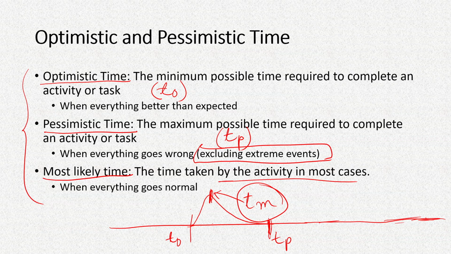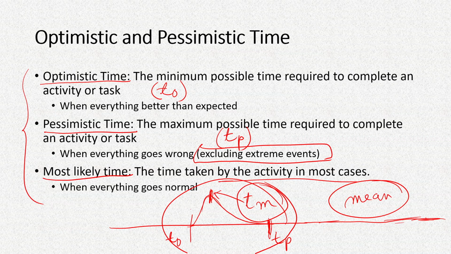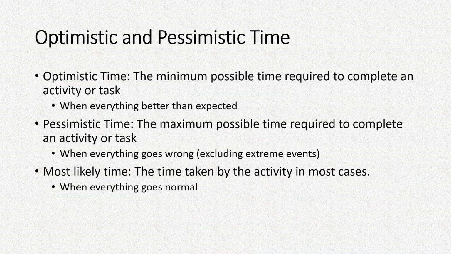But the problem is that this distribution is not a normal distribution, and using a beta distribution, it is difficult to use all those statistical tricks to find out the probabilities. Therefore, as we have discussed in our previous lecture, using central tendencies, we are going to find out the mean of this distribution, and we are going to define that mean as the expected duration of an activity.